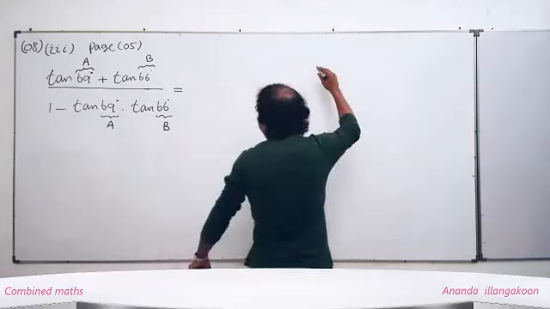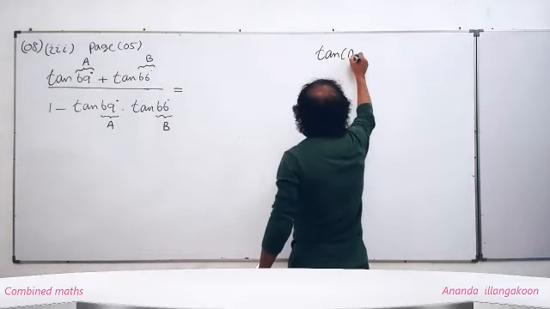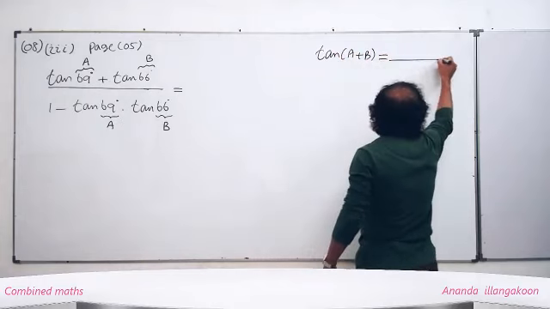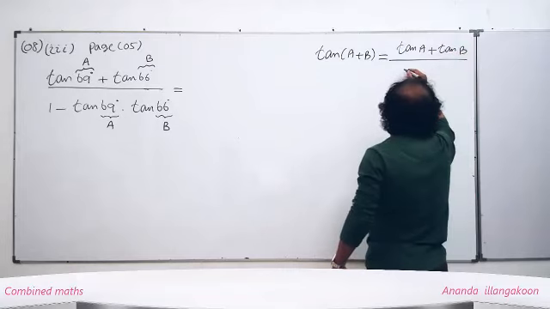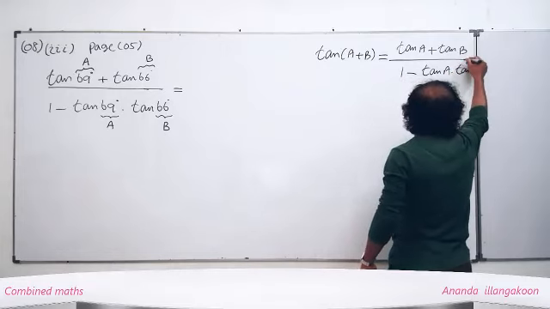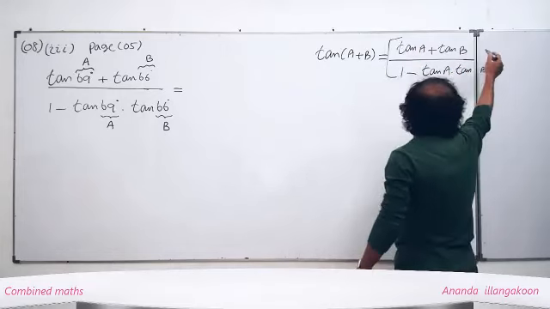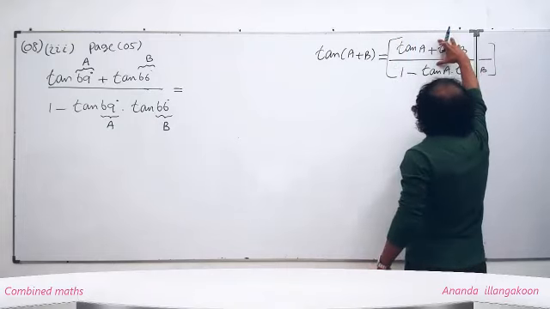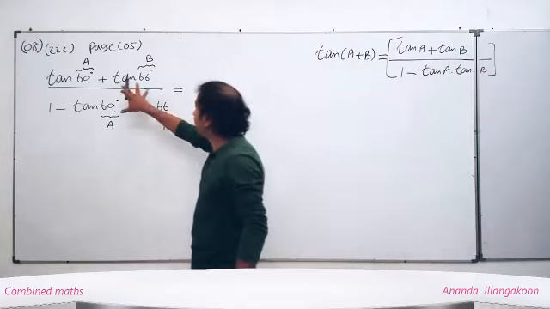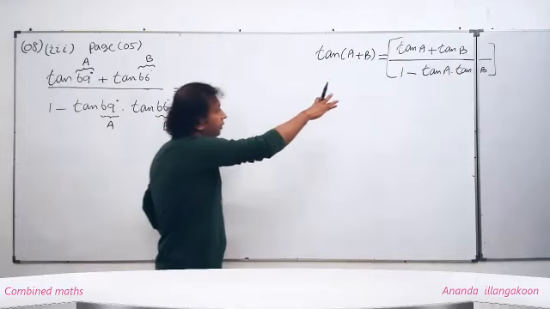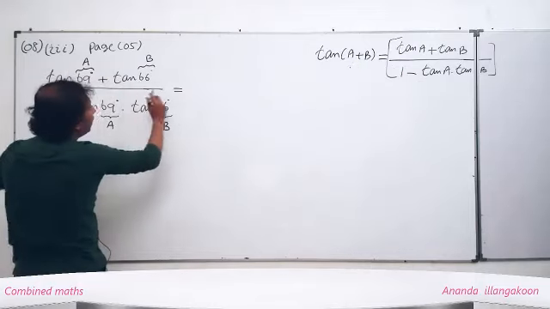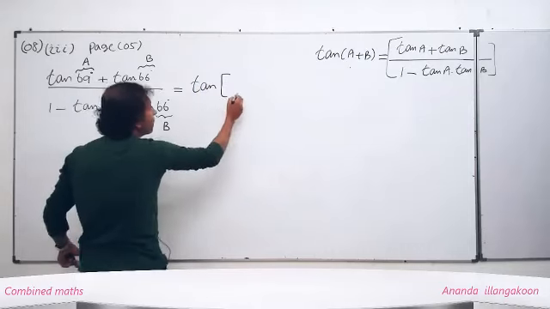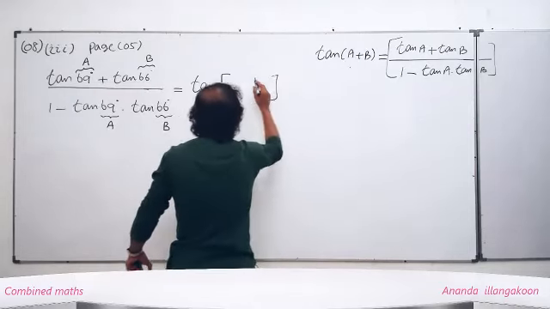People, you know the tan (A plus B) formula. It is tan A plus tan B divided by 1 minus tan A tan B. People, now when you compare with the right hand side, a similar expression is available here. Since a similar right hand side is available here, I can write this one as tan, and between the two angles we have a plus sign.